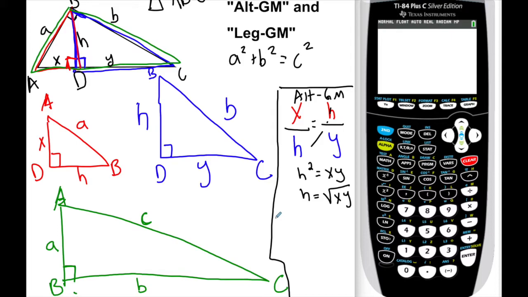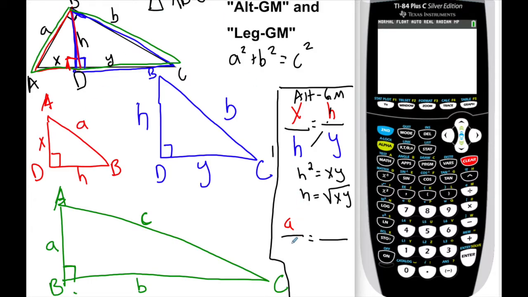Okay, so I notice that, again, for example, the red and the green are similar to one another, right? And notice how I have an A up here and an A down there. So let's see if I can figure out what A is. So in the red triangle, A plays the role of the hypotenuse, since as we can see, it's across from the right angle.